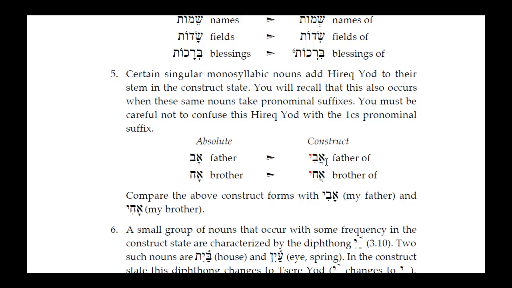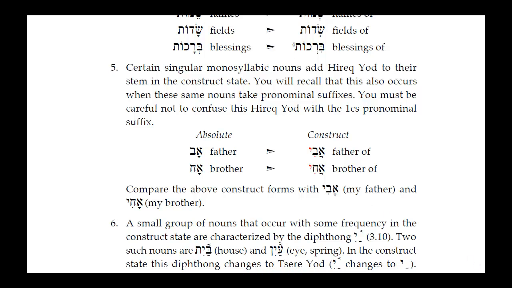And that makes all the difference of saying father of versus my father, or brother of, or my brother. It's all in the reduction of the vowel under the Aleph. That's the only difference there. And that's why it's important to look at those, understand those vowel reductions, and learn to recognize that. That way, that makes a difference in the translations you'll be doing.